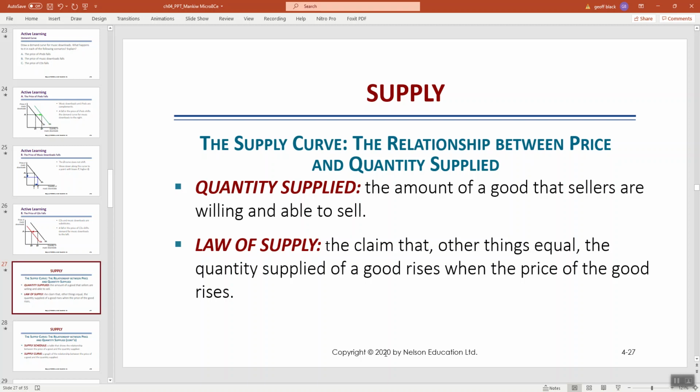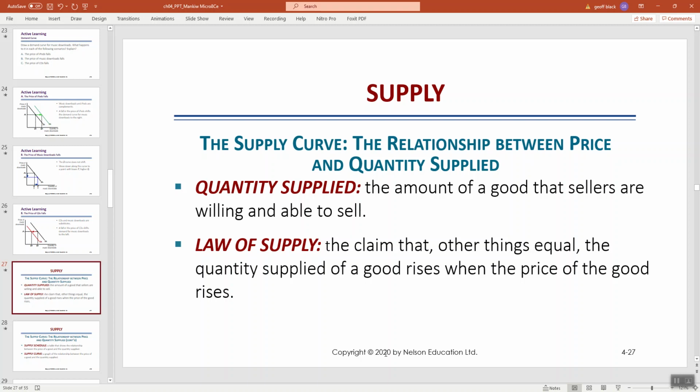So now we're going to talk about the other side of the coin, supply. These are two sides of the same coin. We're talking about the market, or a perfectly competitive market or some example of that. Since we know what demand is, this will be a little easier to grasp because it's the same thing, but rather than a negatively sloped curve, it is a positively sloped curve.